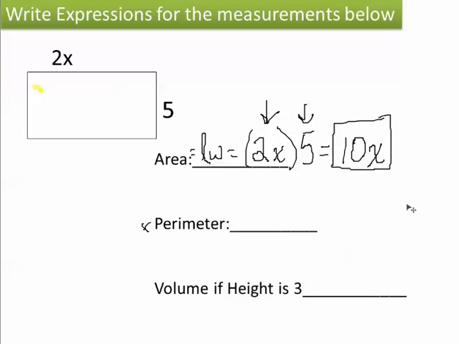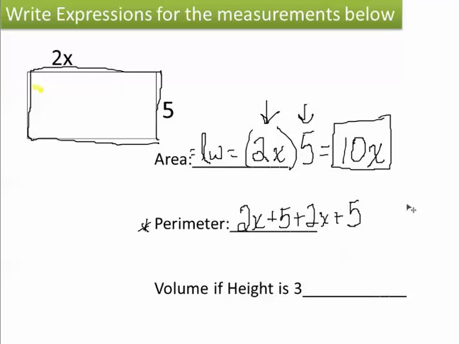Because in perimeter, I don't multiply, I add all the sides together, right? So I kind of go around and I say, well, there's a 5 and a 2x, another 5, and another 2x. I think I'll write that this way: 2x plus 5, another 2x, and another 5.